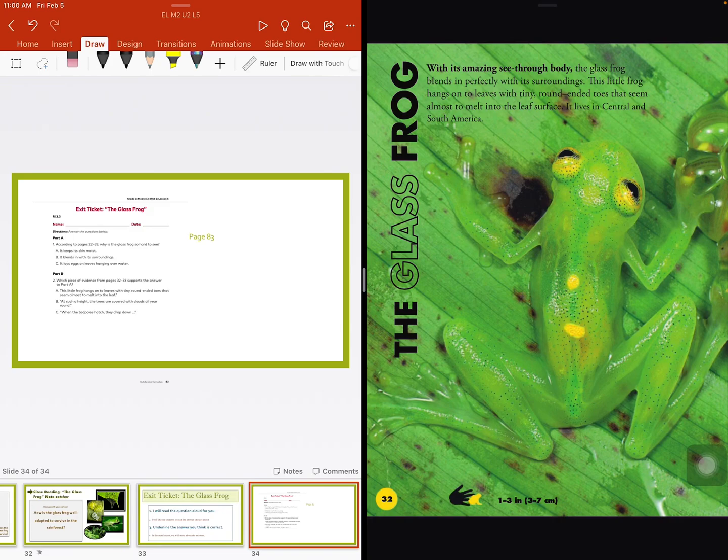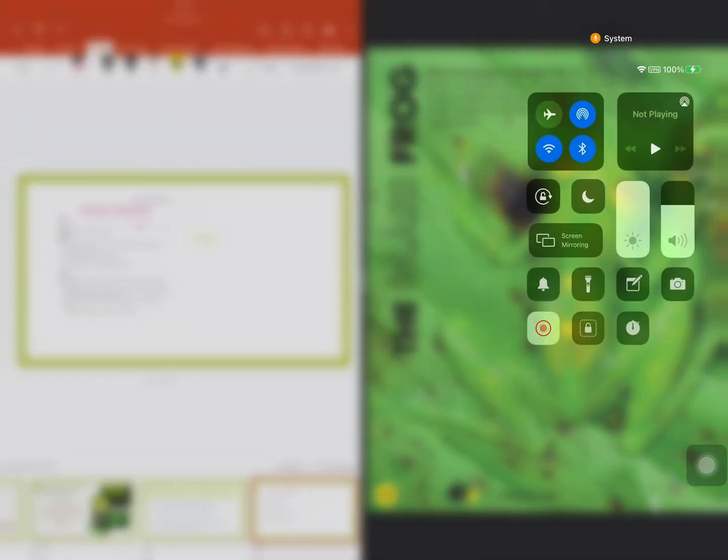Part B, which piece of evidence from pages 32 and 33 supports the answer to part A? A, this little frog hangs on the leaves with tiny round-ended toes that seem almost to mount into the leaf. B, at such a height, the trees are covered with clouds all year round. And C, when the tadpoles hatch, they drop down.